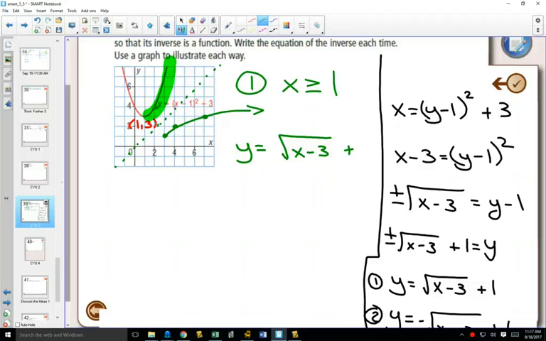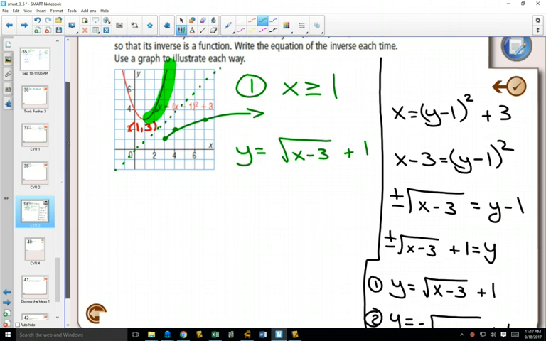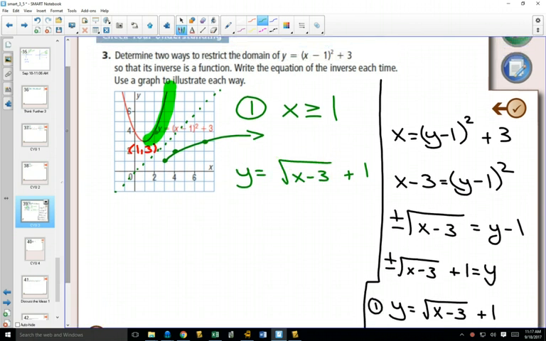Have we taken a square root graph, moved it 3 to the right and 1 up? Does that match with our green graph? Yes. So our first way that we could restrict the domain is to only look at the x values bigger than 1, which is the highlighted green part, and that would result in this equation for our inverse.